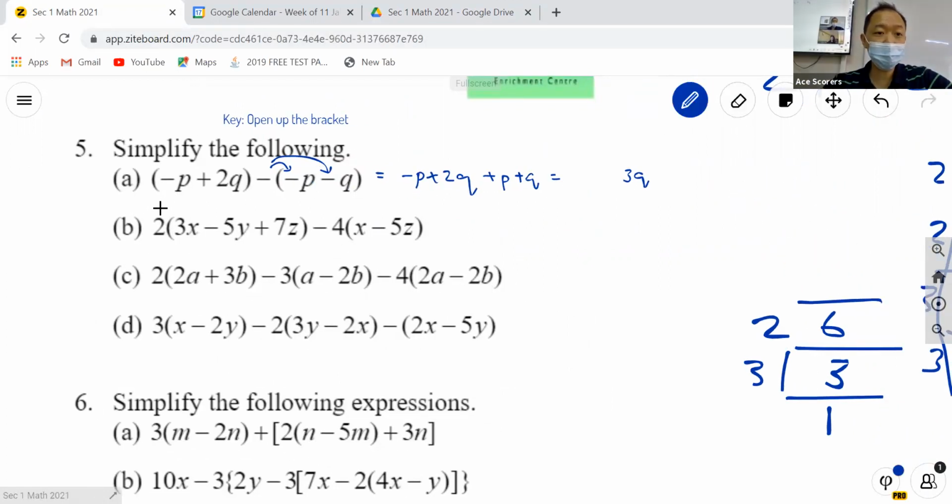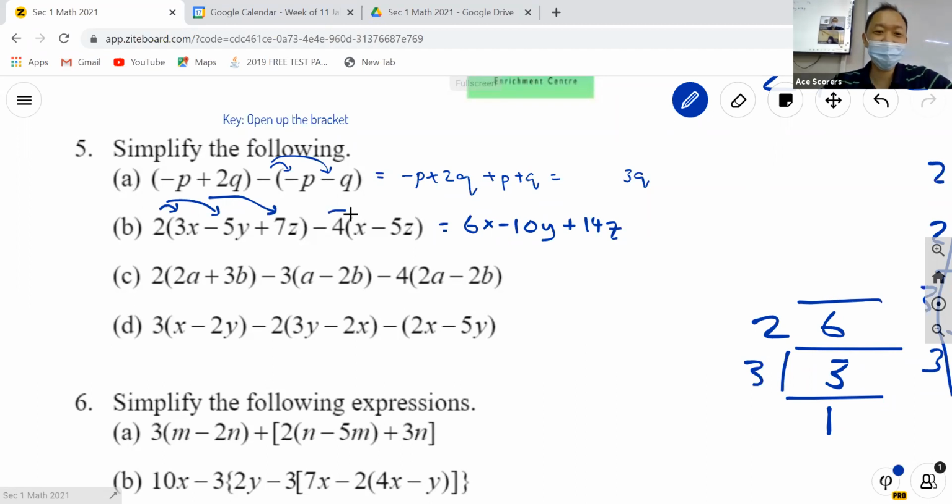So first thing, rainbow, right? So 2 times 3, 2 times minus 5, 2 times 7. So we're going to get 2 times 3, 6x. Then 2 times minus 5 is negative 10y. And then 2 times 7, 14z. Z or zed, up to you.